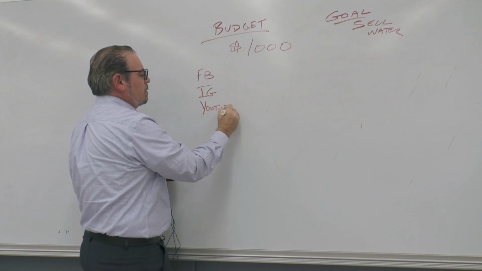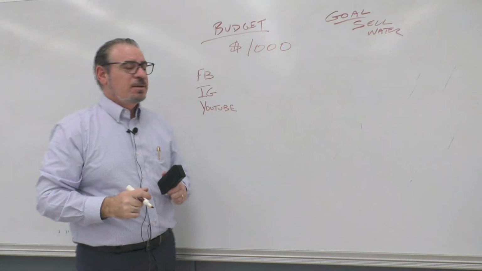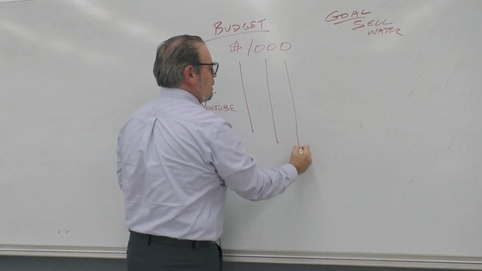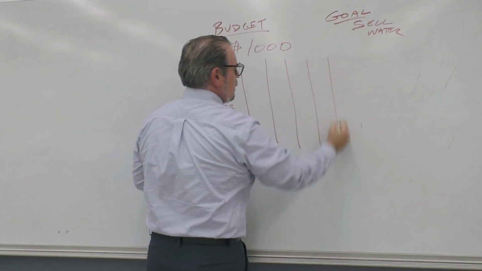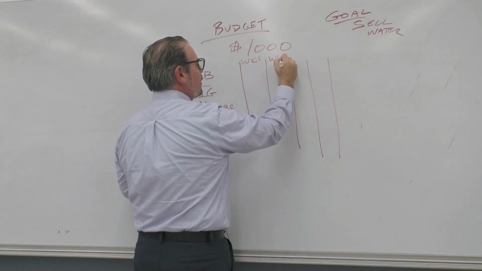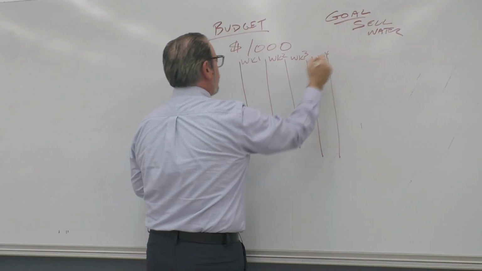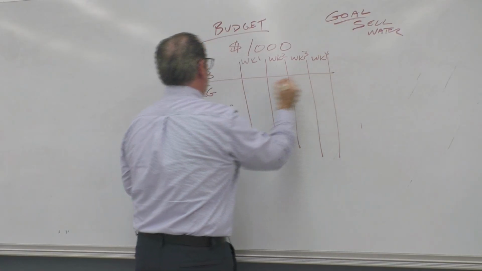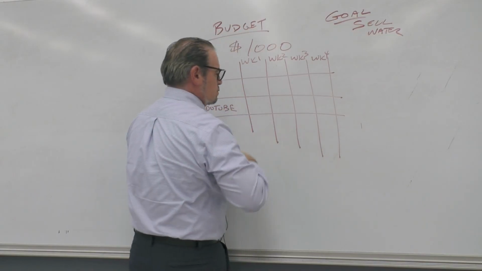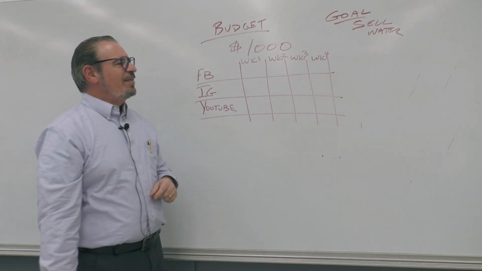We know that that's the majority of where our audience is. We have $1,000, and I have 4 weeks. Week 1, week 2, week 3, and week 4. How should I spend that $1,000?